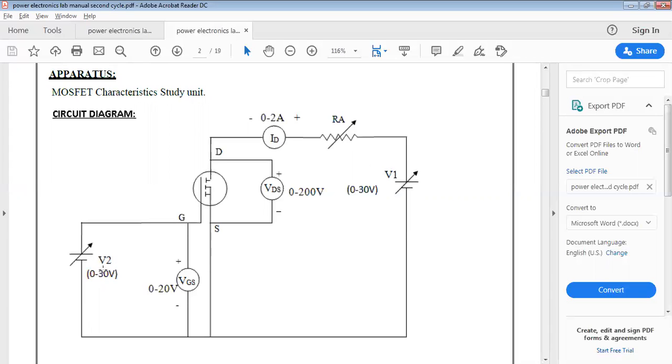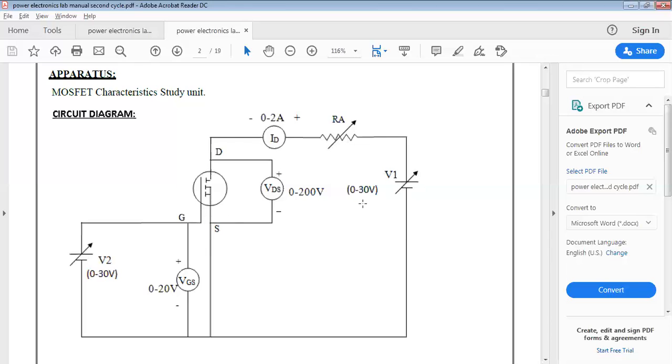You can observe that both the power supply for the gate as well as the power supply for the load, which is connected to the MOSFET through the drain and source, have a rating of 0 to 30 volts. You can also observe the rating of the voltmeters and ammeters.